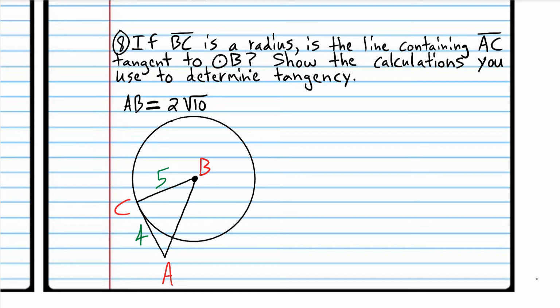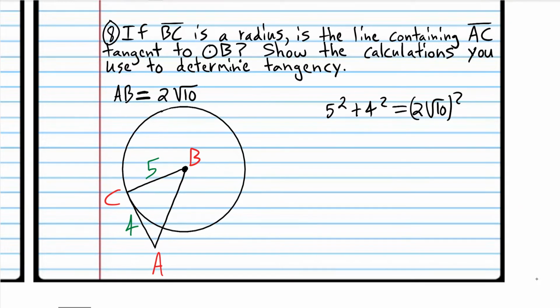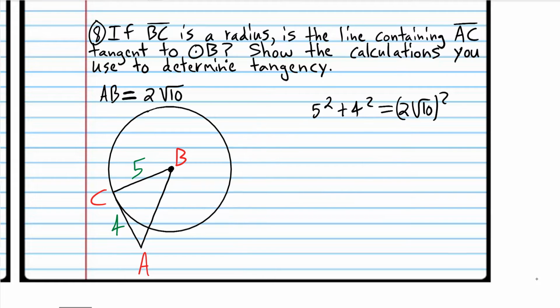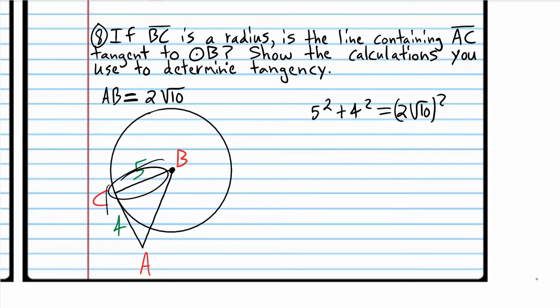We're going to use the Pythagorean converse theorem, which says that if a squared plus b squared is equal to c squared, that proves that it's a right triangle, and this is 90 degrees. So if 5 squared plus 4 squared is equal to 2 root 10 squared, then that means that this angle is 90. And if that's 90, it means that the radius is perpendicular to the line containing the segment.